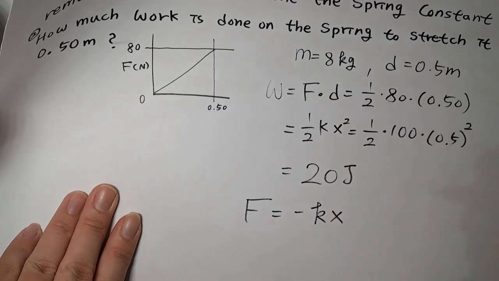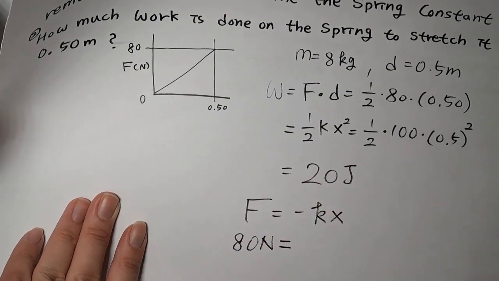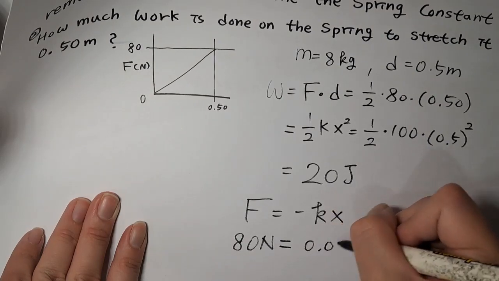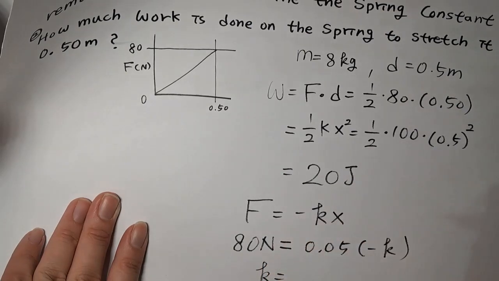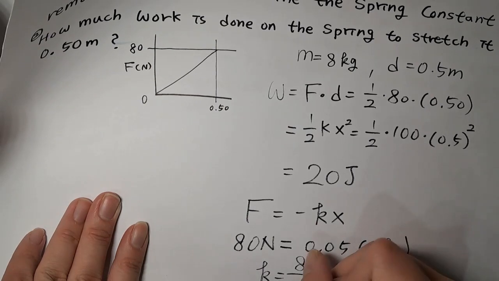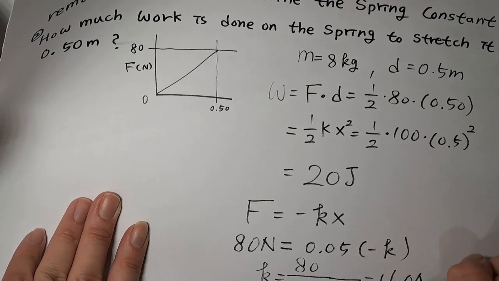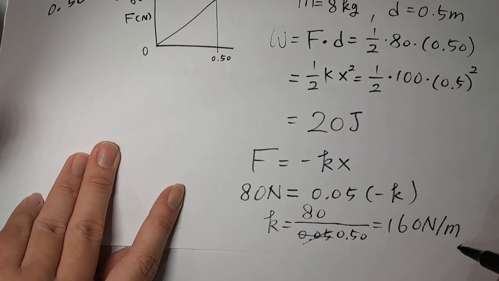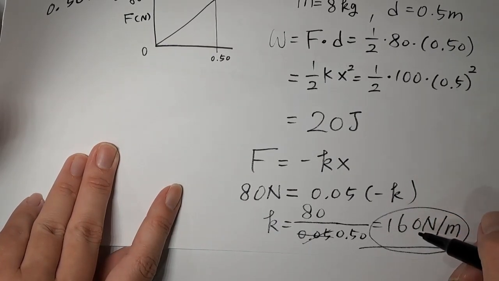And the force of the spring is 80 Newton, and so 160 Newton per meter is the answer.